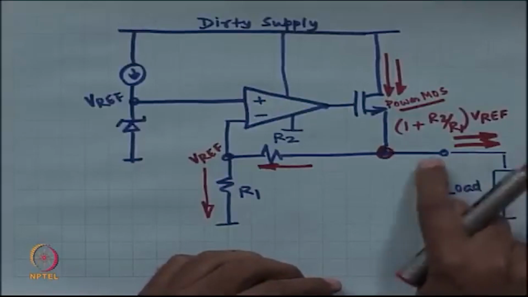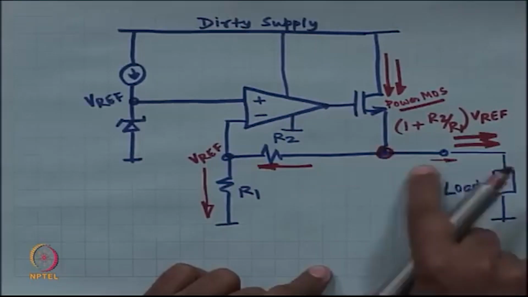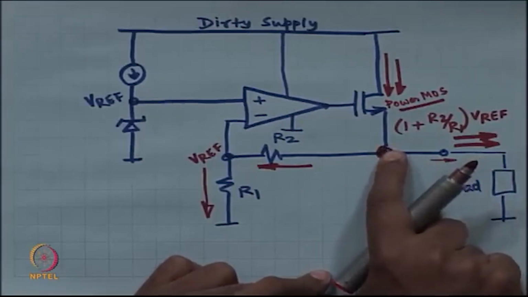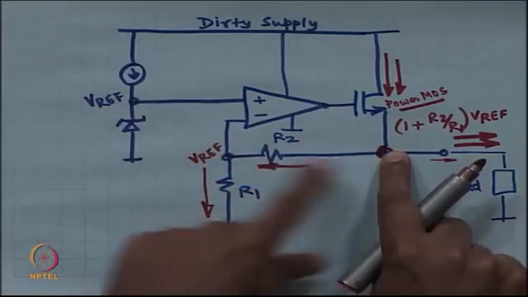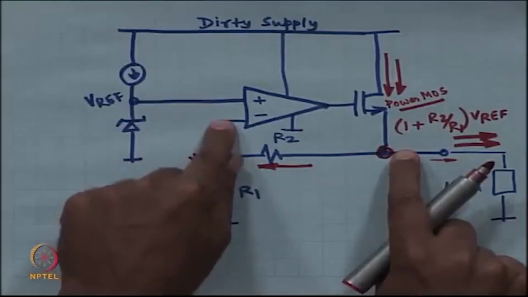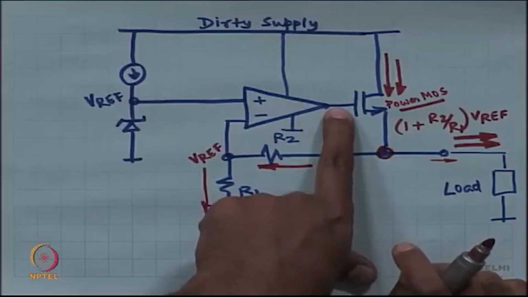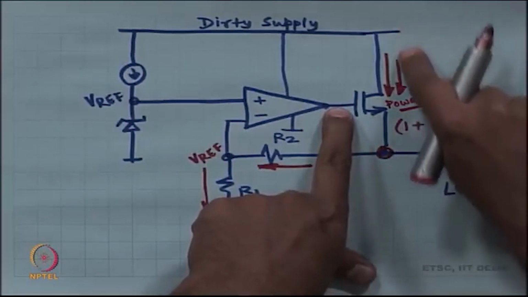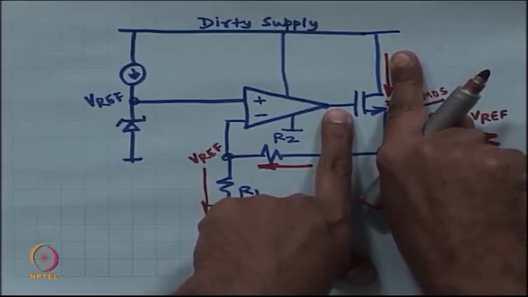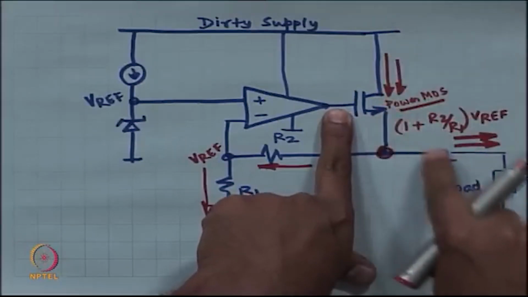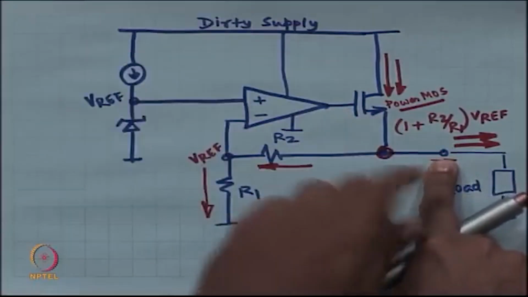If the requirement is small, then suppose this voltage goes up a little bit, then immediately the gate voltage of the power NMOS is going to go down, and immediately the current is going to go down. If the current over here goes down, what gets pushed into the load goes down, so it stabilizes, it brings the voltage down.